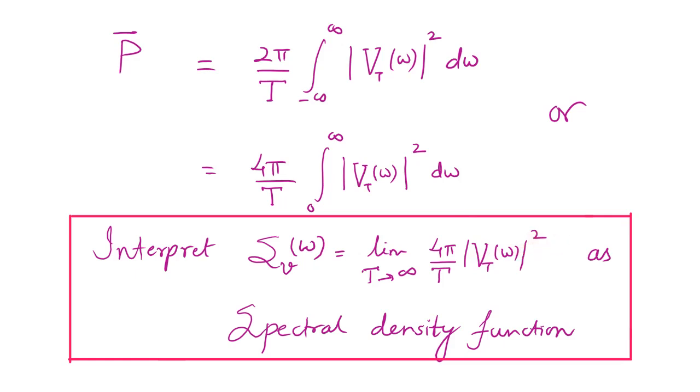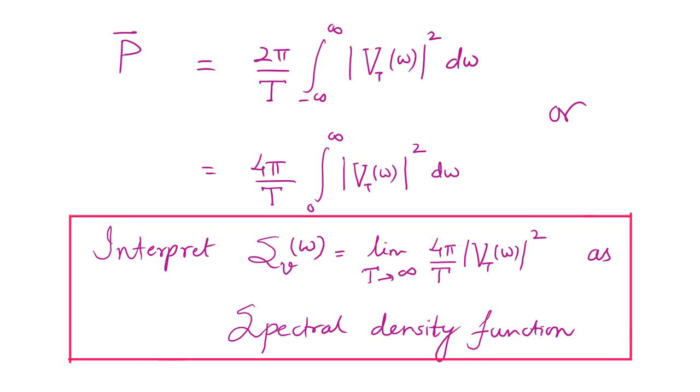Now remember, I will call it spectral density function only in the limit that T tends to infinity. That is, I need to make sure that my signal is more or less, this business of ergodicity and stationarity and all that, one is putting it all together. And we will see that this S_V of omega becomes a unique quantity only if you allow this T tending to infinity limit of this spectral density function, right?